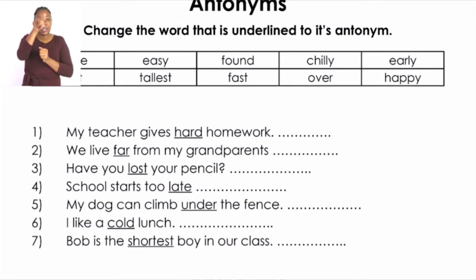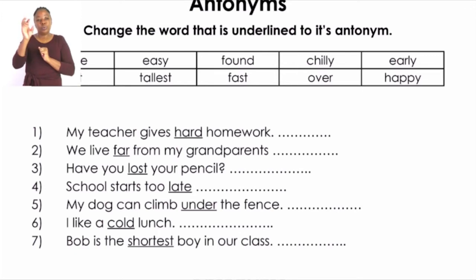Let's look at number 6. Number 6 says, I like a cold lunch. Oh, I'm sure nobody really likes a cold lunch. So let's look for the proper word there. If you look at the box, we have the opposite of cold, which is hot. So we can put the word hot on the space provided.